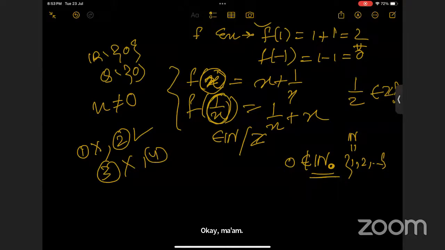F is surjective if the domain of F is natural numbers and codomain of F is integers. No, ma'am. We can take negative points, right? Codomain is Q, sorry, my mistake.